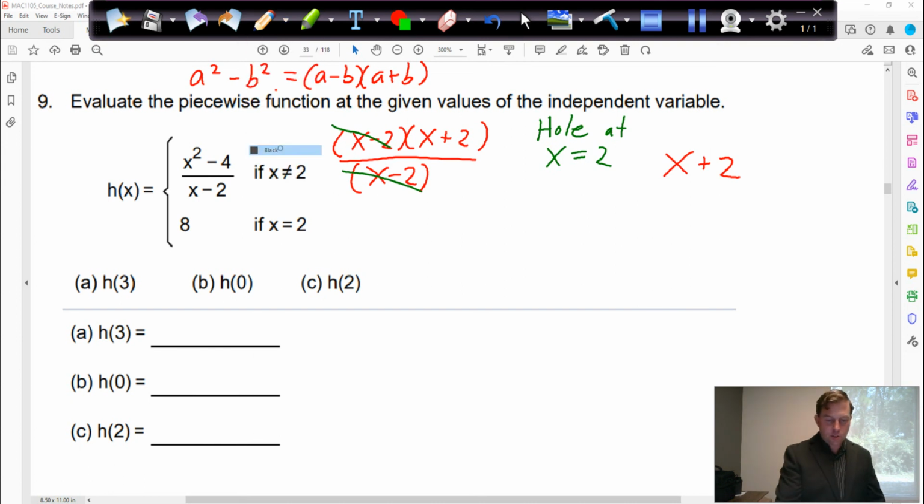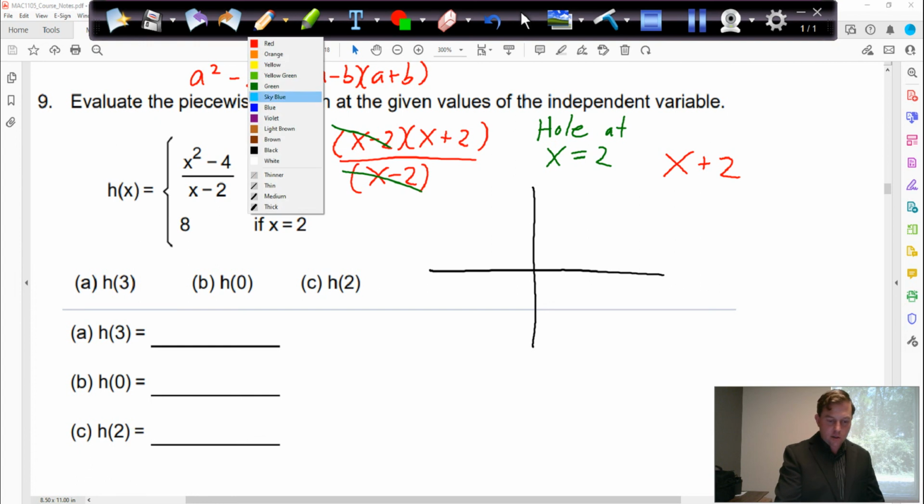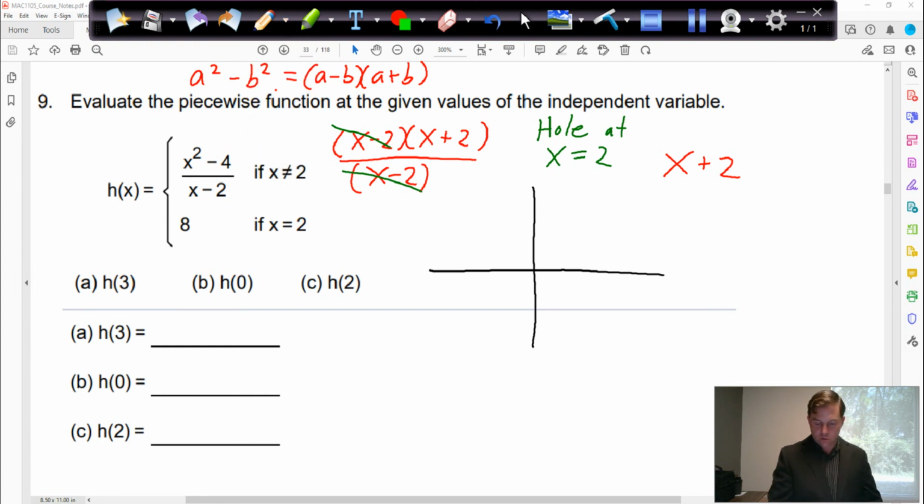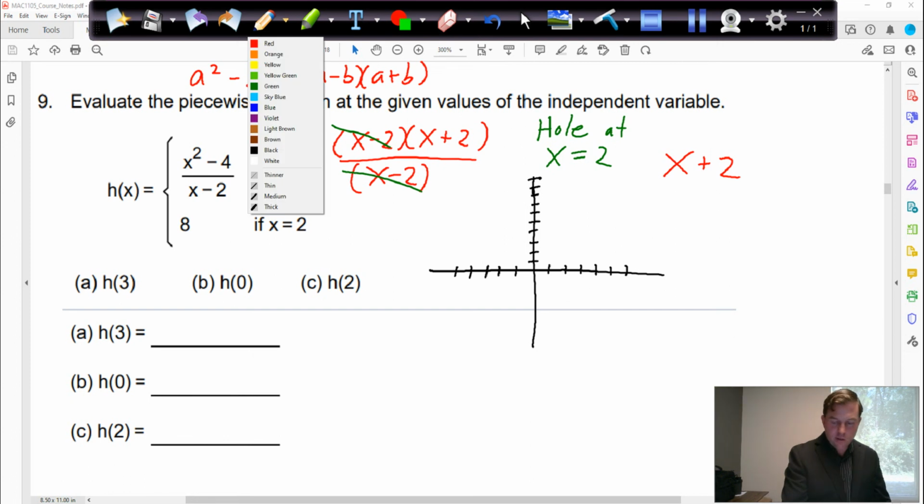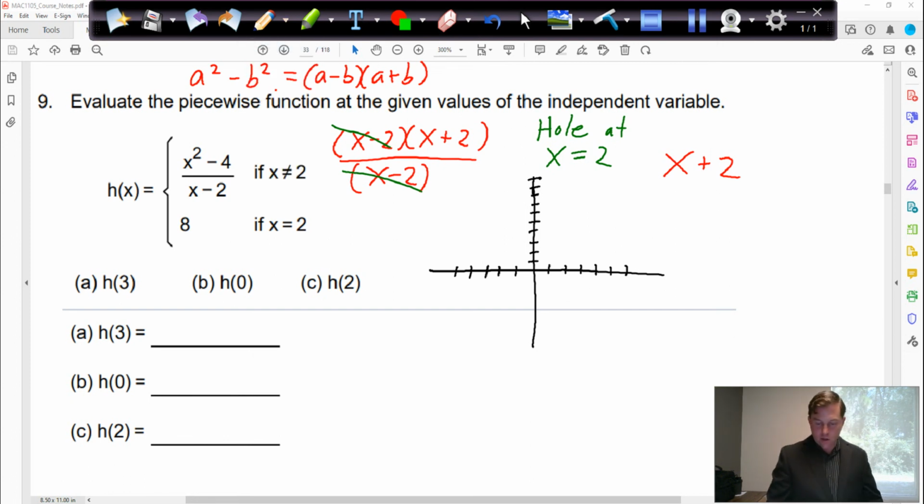X plus 2 is a super easy thing to graph. It's a straight line that starts at 2 in the numerator, and it has a slope of 1.